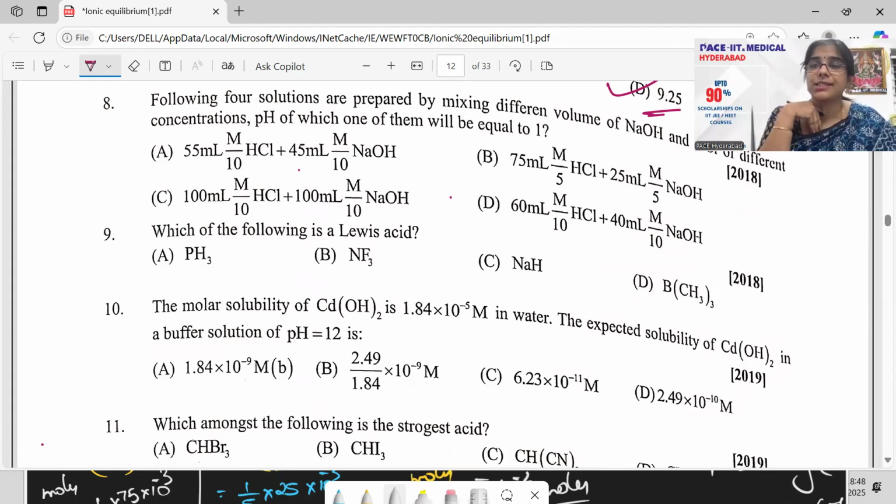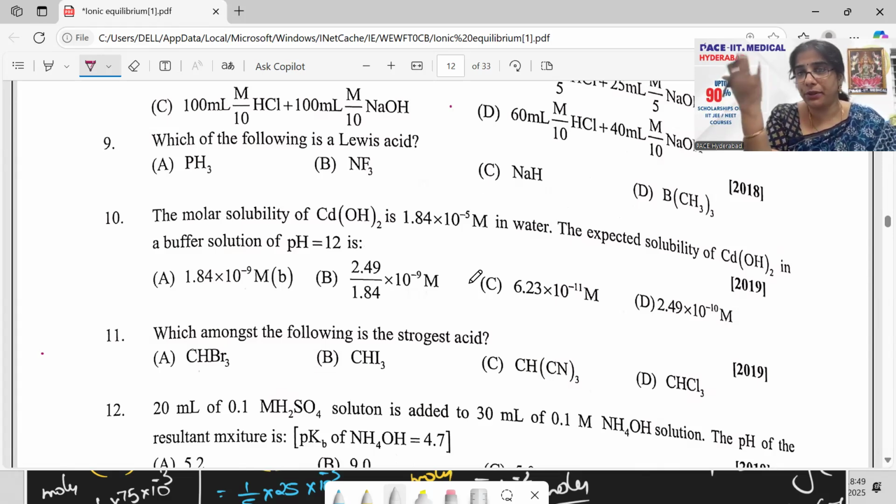You need to first understand it is a strong acid and a strong base. No hydrolysis, no buffer, nothing. How much is the left out part? Check करो. If it is an acid, acidic, pH मिल जाएगा. अगर base है तो pOH मिलेगा. If it is a base, you will get pOH, but you will find pH from your pOH. pOH plus pH is always 14. That's it. You can bring it out very easily.